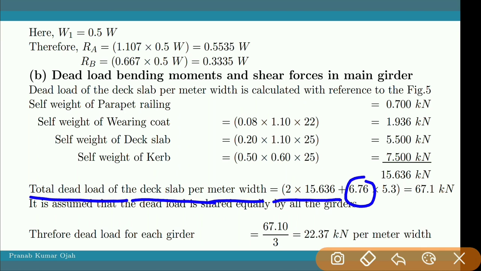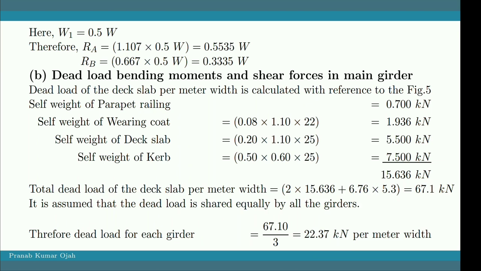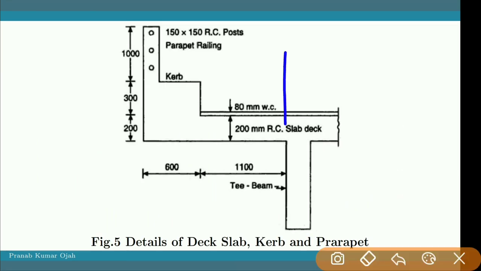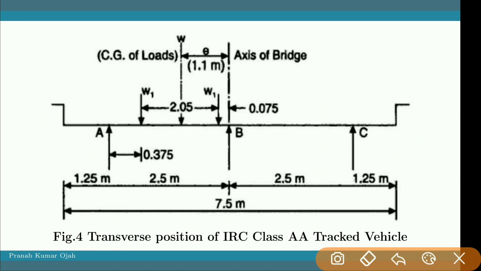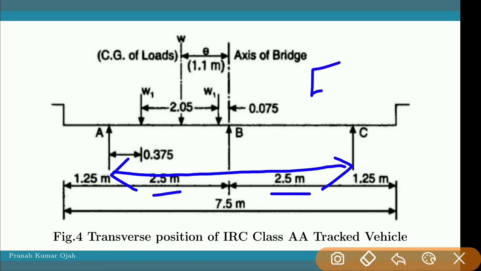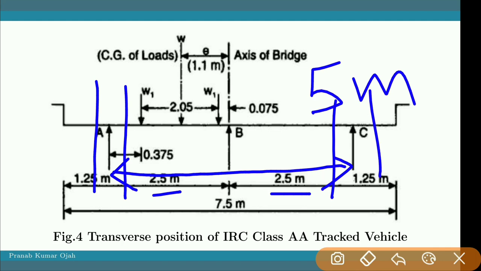Now what is the 5.3? See, here all the distances we calculated from the face of the outermost girder. Now see, the center to center distance between the two outermost girders is 5 meter, 2.5 and 2.5, total 5 meter. So if we include these small distances on both sides, this distance will be 5.3.